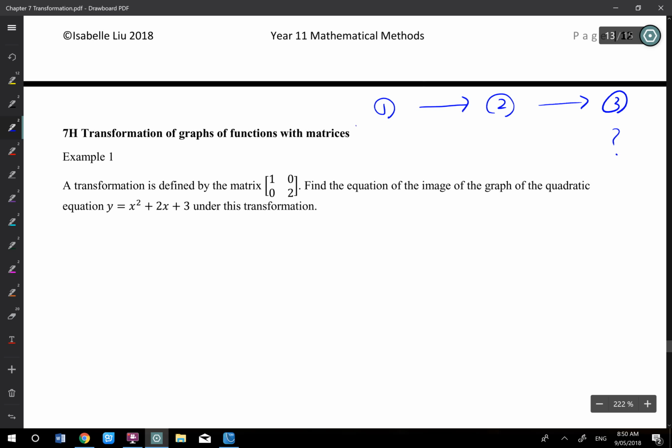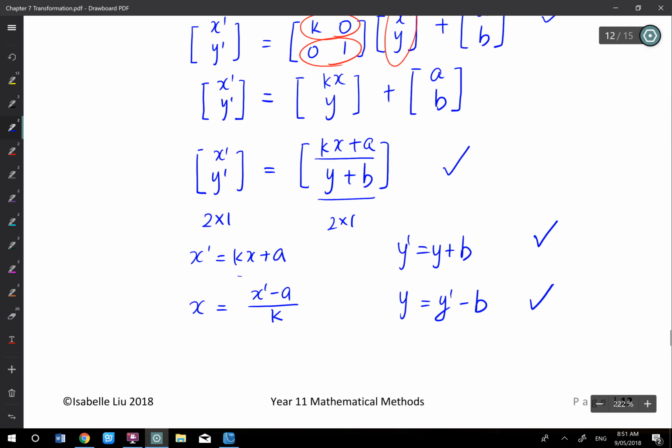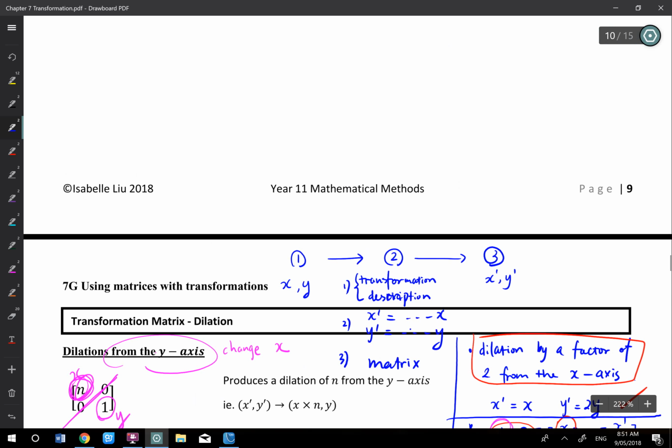It's asking for what is number 3 and gives you the original equation, x and y. But for number 2, it should give words like reflect in the x-axis, dilate by a factor of some number. Instead of doing that, they give you the matrix. They replace the words by the matrix. But as I said before, it is all the same.